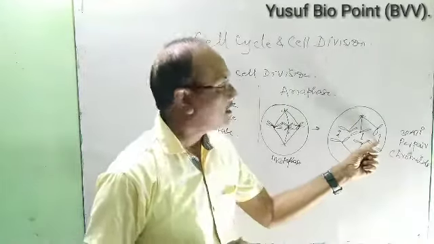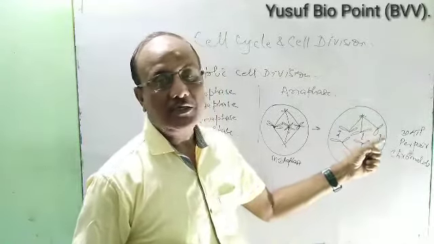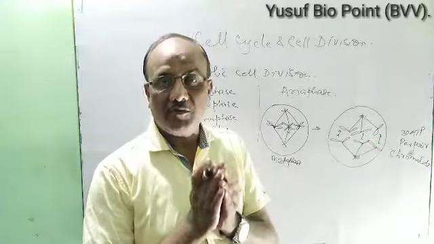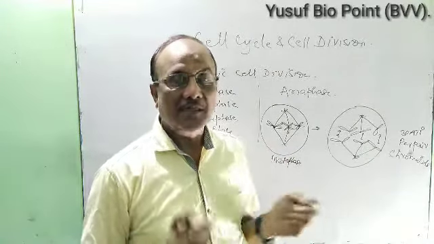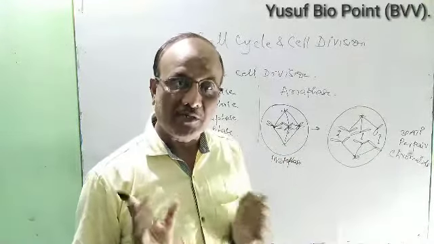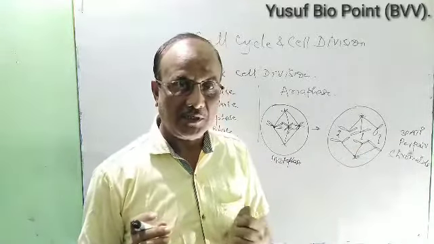So about 30 ATP is needed to separate the chromatids from each other.